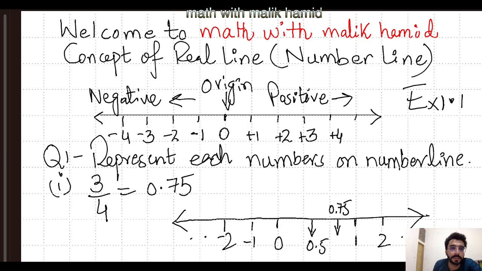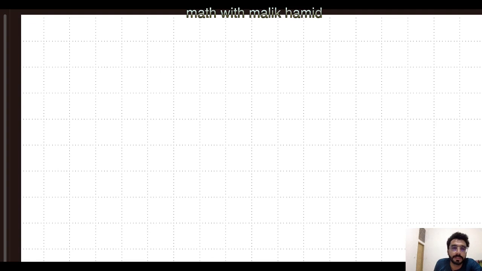Let's take another slide, slide number 2. In the second part of this question, the question is minus 1 by 3. In the third part, it's 4 whole 1 by 2.